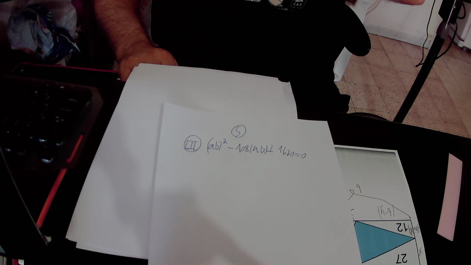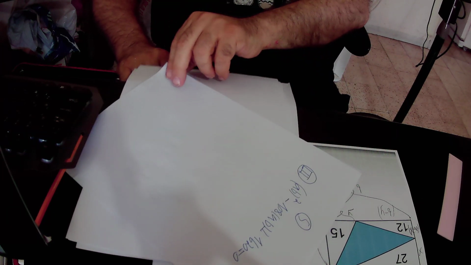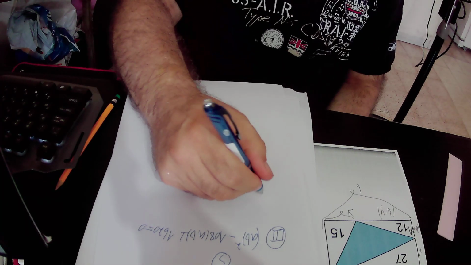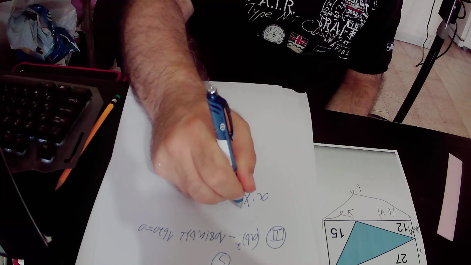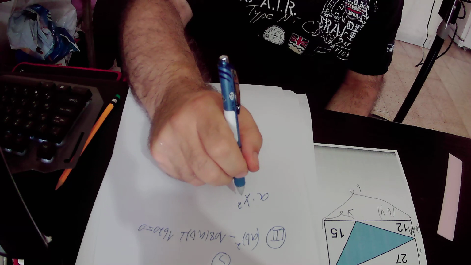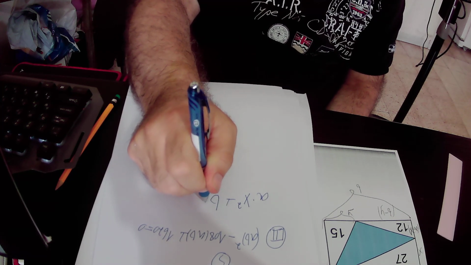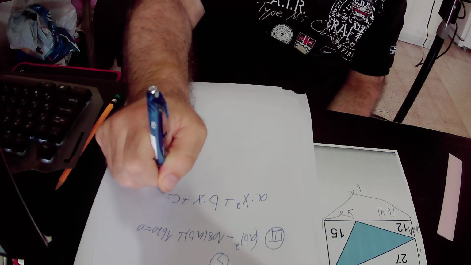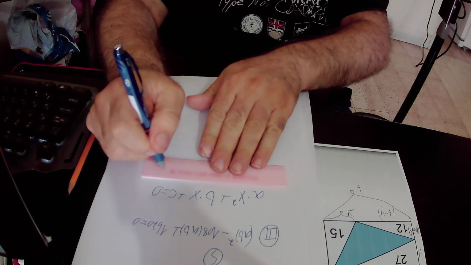Okay, and actually the general form of a quadratic equation is a times x squared plus b times x plus c equals 0.